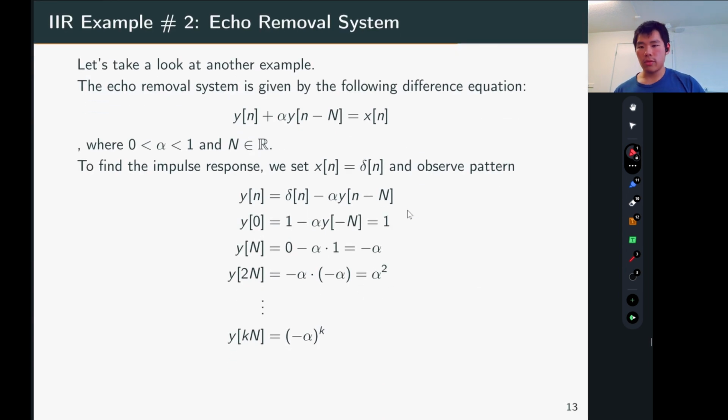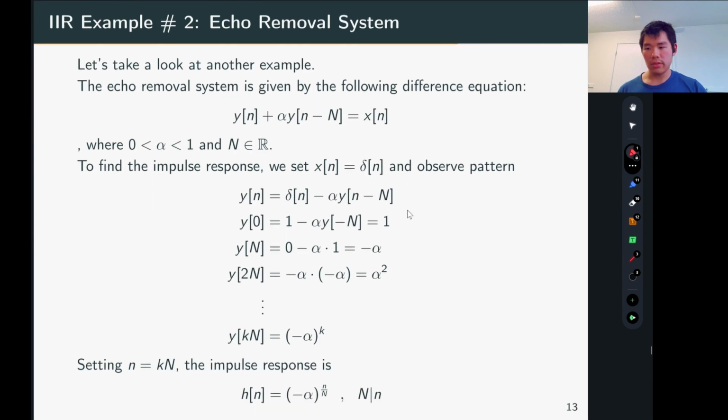Then we unravel, do the same thing to get the closed form, and we get this when y at k times capital N equals minus alpha to the k. And if we set little n to be k times N, we get this, and n must be a multiple of capital N.